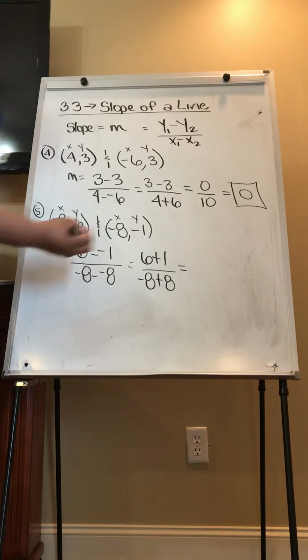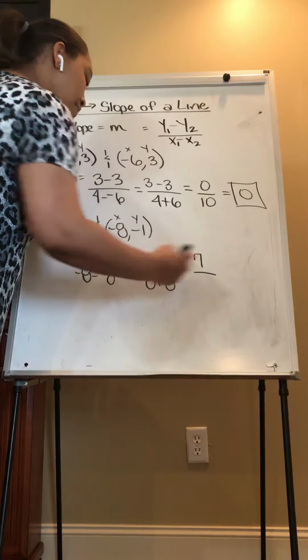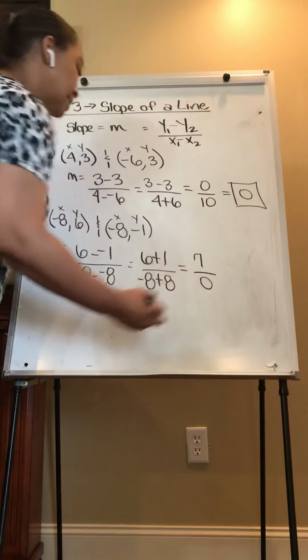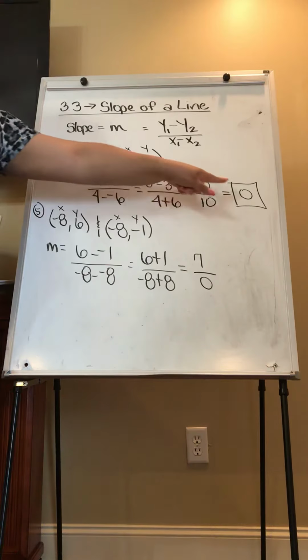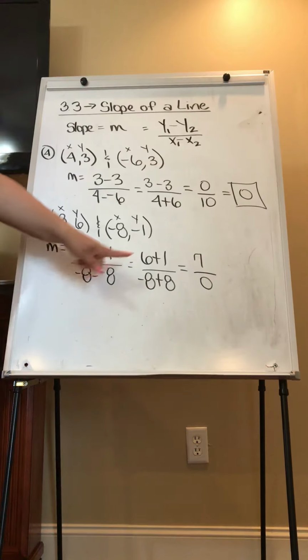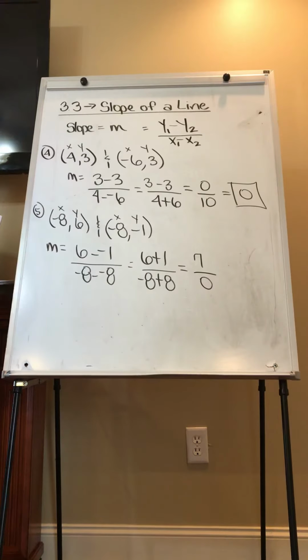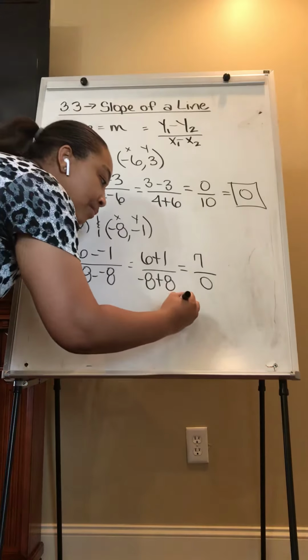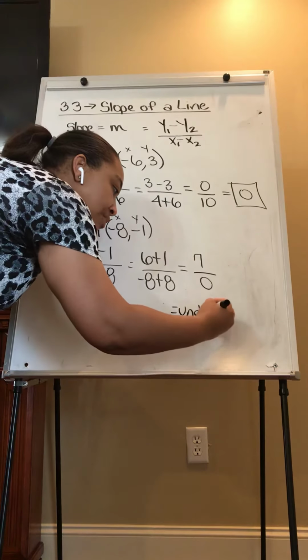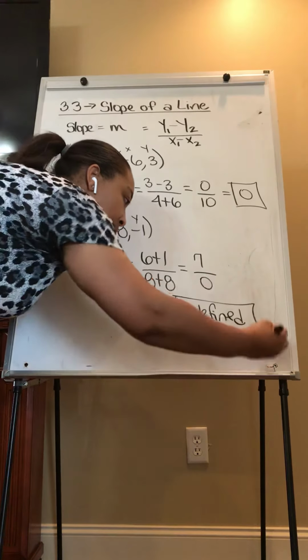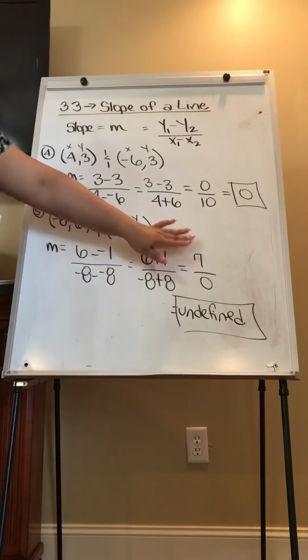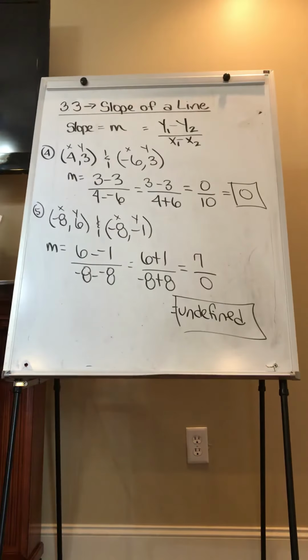So 6 plus 1 is 7, but negative 8 plus 8 is 0. Now, 0 on top of a fraction we know equals 0, but 0 on the bottom of a fraction is undefined. And that's what you would tell me the slope is. Undefined. I must see the word undefined. Not 7 over 0. Anytime you have 0 on the bottom of a fraction, it is undefined.